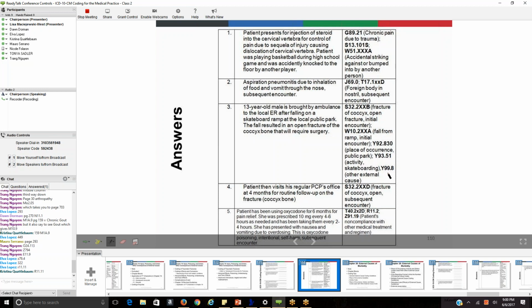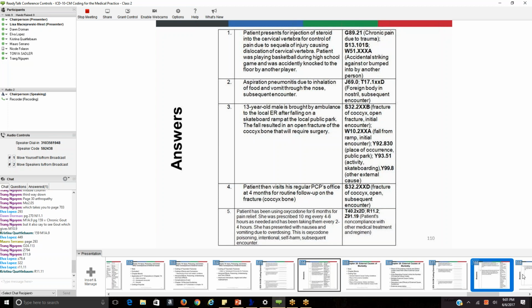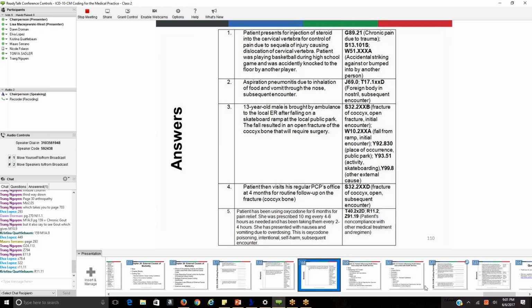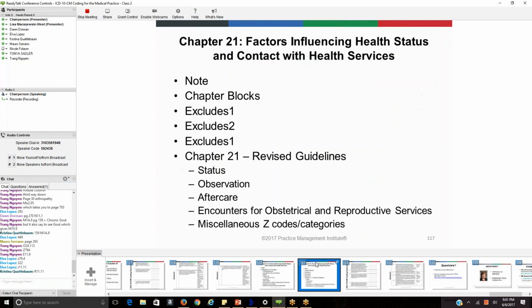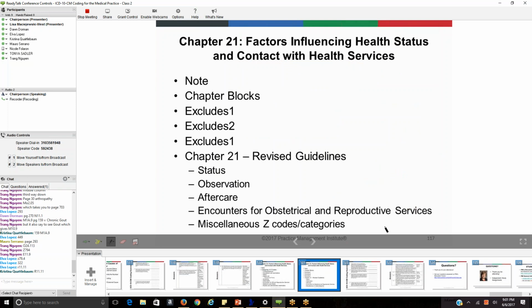Because really everything is encapsulated in this note. So with all of that said, the final chapter, which is chapter 21, are your Z codes. Let me just show those to you very quickly, because I know that we're at the end of our time. Your Z codes are factors influencing health status.